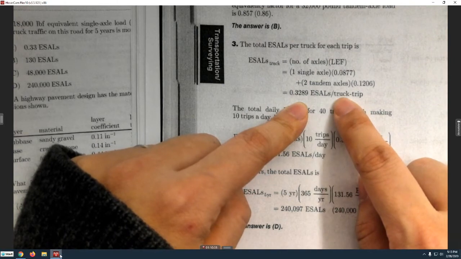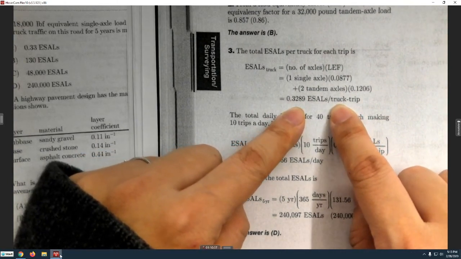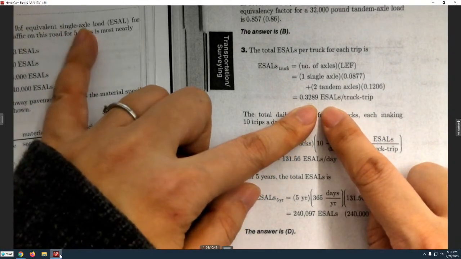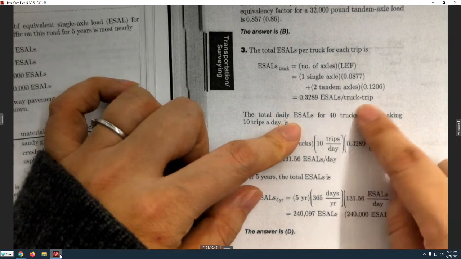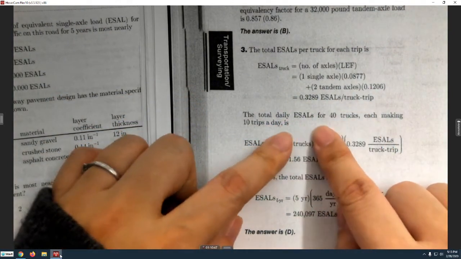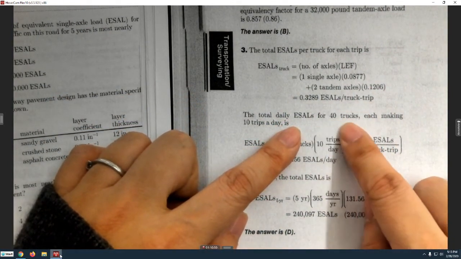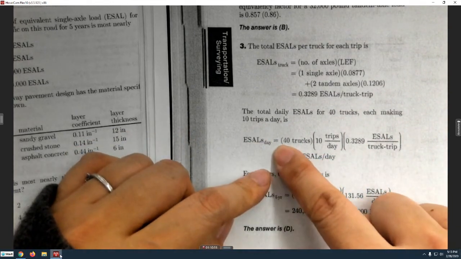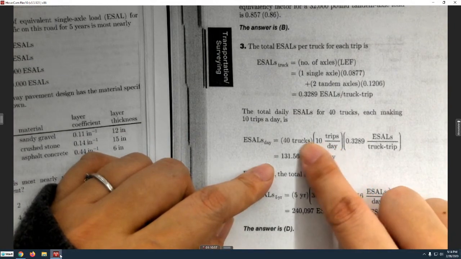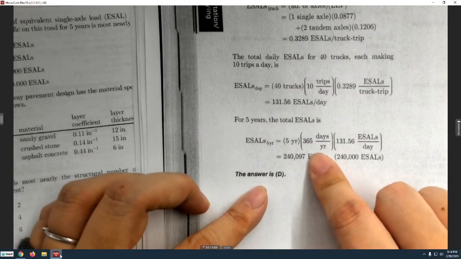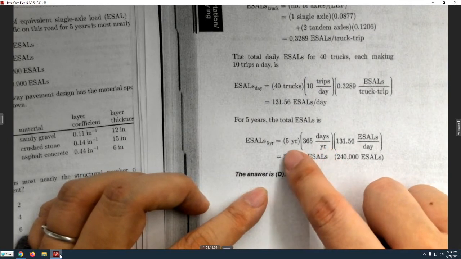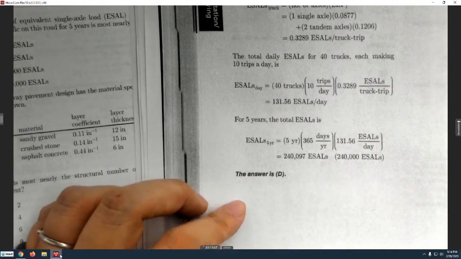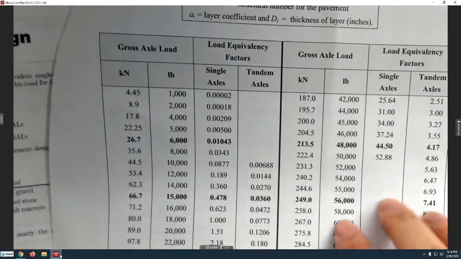This is for each truck. For each truck, the load is equivalent to this many single axle loads. The question says there are 40 trucks, each making 10 trips, and it's asking for 5 years. So multiply by 10 trips per day, multiply by 40 trucks, multiply by 365 days per year, and then 5 years. This is the total. Okay, this is the use of the table, basically.